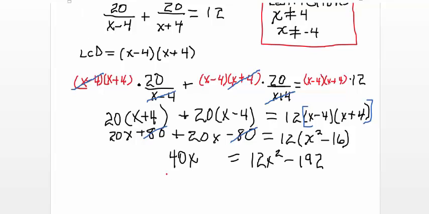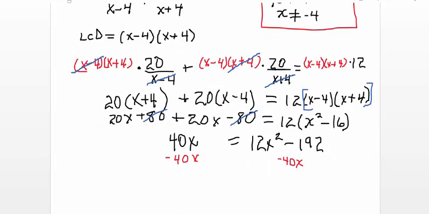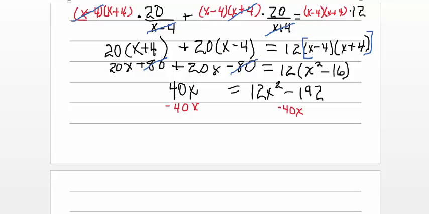To get this in standard form, I need to subtract 40x from both sides of the equation, leaving me with 0 on the left equals 12x squared minus 40x minus 192.